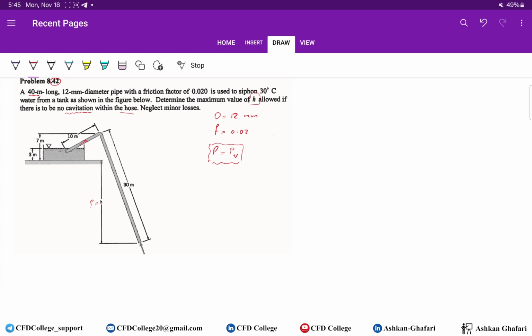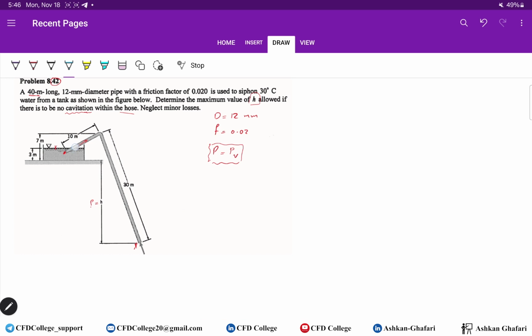Just notice that cavitation will occur where we have the minimum pressure in the system. Where does this minimum pressure happen in this system? Here we have the end, the outlet. We have a certain pressure, and as we move inside the pipe, as you can see, the elevation is increasing.